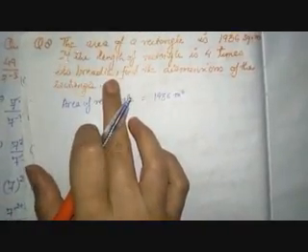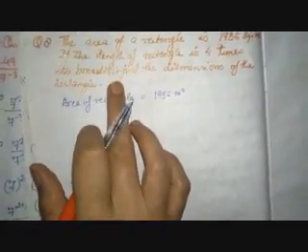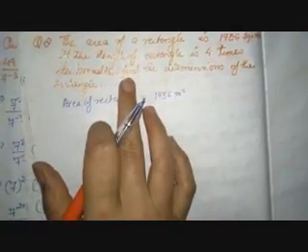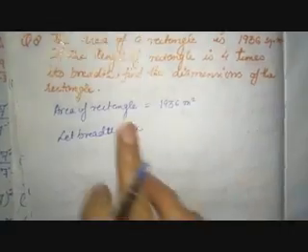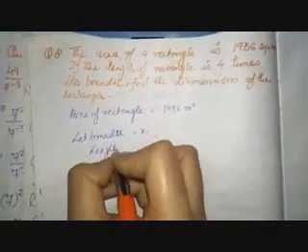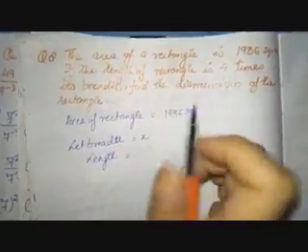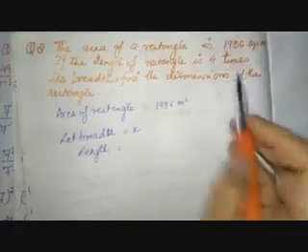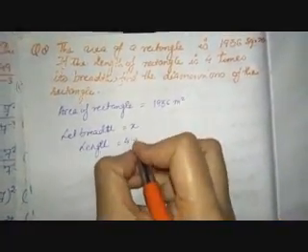So what are we supposed to do? We will take the breadth as an unknown number. Breadth is equal to x. Now length is equal to, here it is written 4 times, so 4 into x, that is 4x.